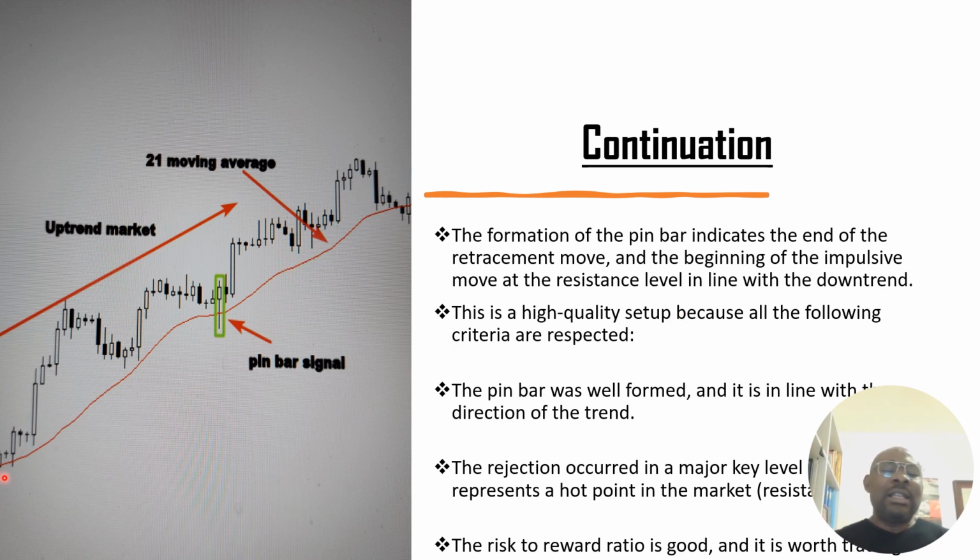You understand? Let's say, for example, this very one, now this is an uptrend. You see, impulsive move, a retracement. Impulsive move, a retracement. Now, this is a retracement here. You now see a pin bar.